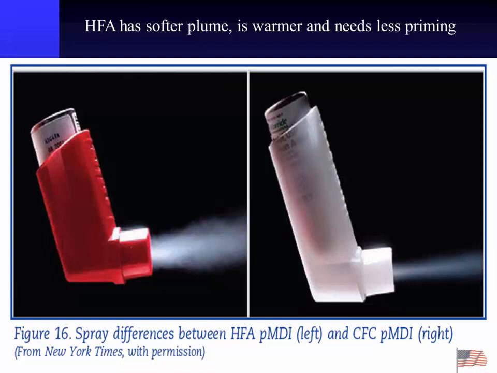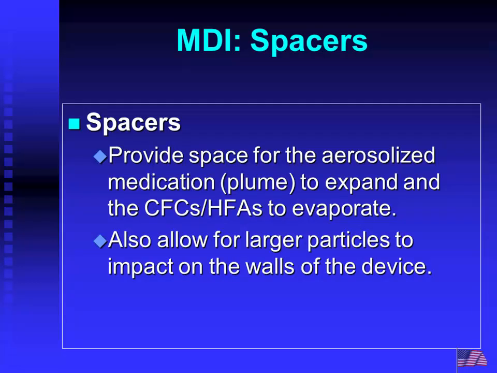Well, part of it was, as you see the CFC on the right, the spray that would come out was much more forceful, so it basically was impacting on the back of the patient's throat. When we went to the HFA, the plume is a little bit differently shaped, and patients didn't feel they were getting anything coming out because they didn't feel that characteristic impaction. Well, the problem was the impaction wasn't going to your lungs anyways, so this is probably a far more effective way to do it.